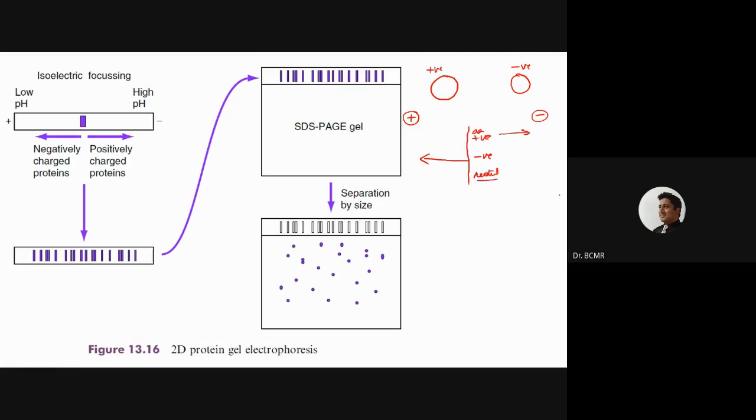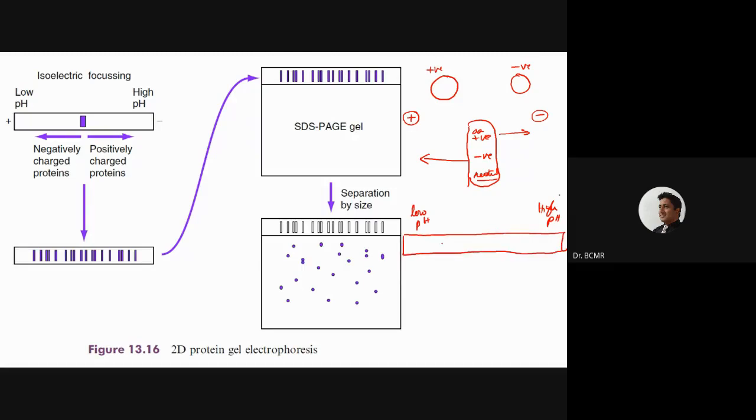And different amino acids have different isoelectric points, in the sense that at different pH conditions, say I take a low pH and here is a high pH, and I have a strip that has a different pH.